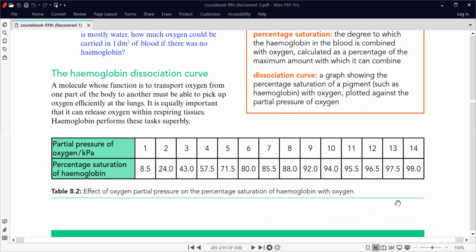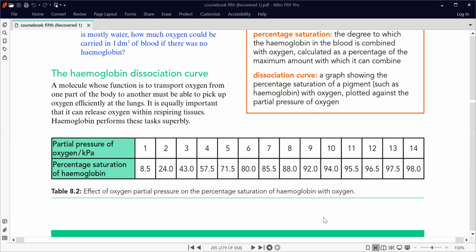Hemoglobin dissociation curve. Here you can see in this table, they are showing the different partial pressures of oxygen, and also the percentage saturation of hemoglobin at different partial pressures, which I have already told you, that at 14 kilopascal it is 98% saturated.